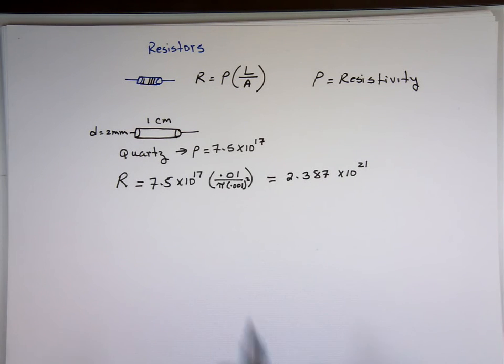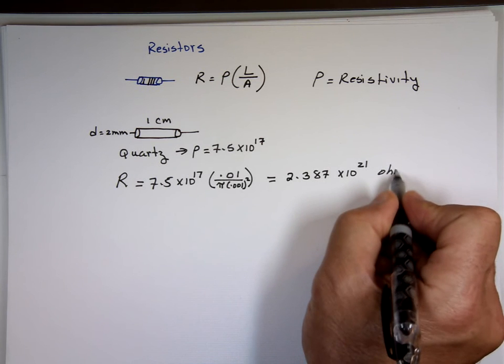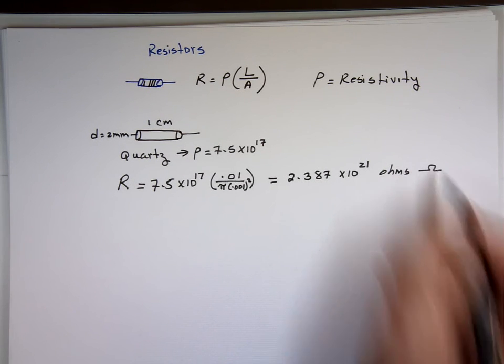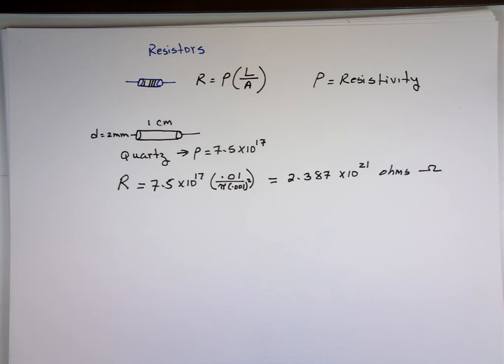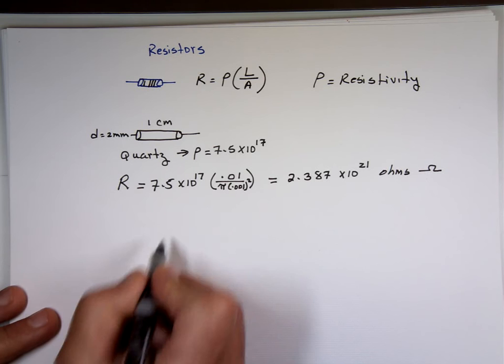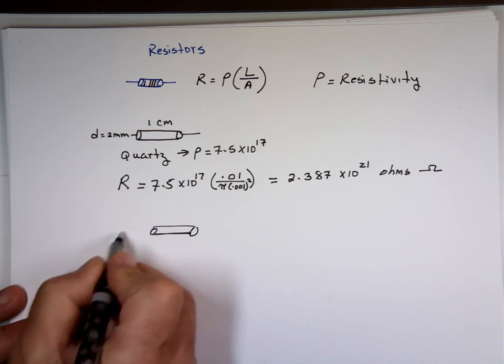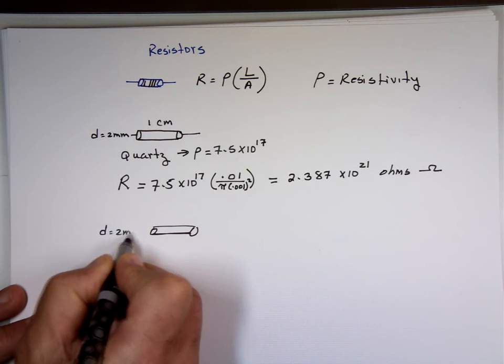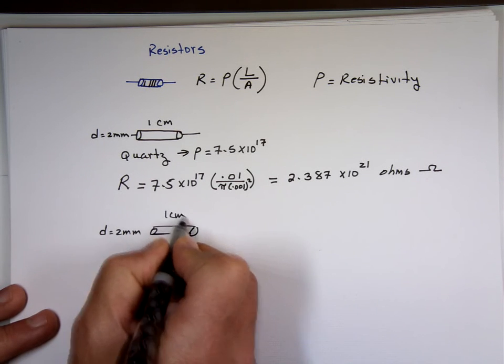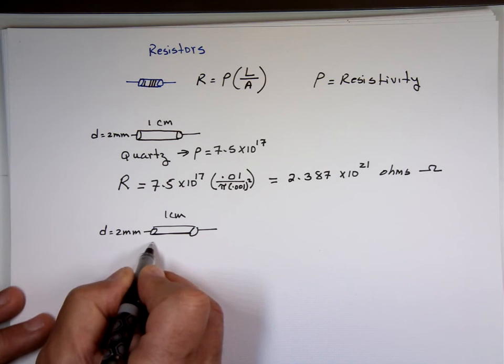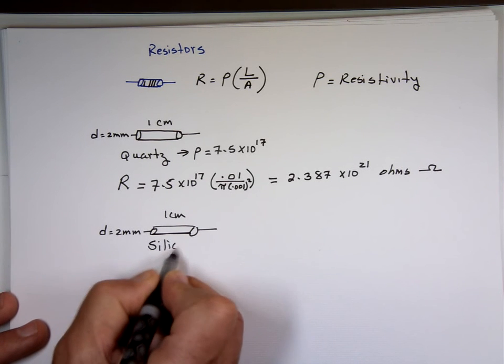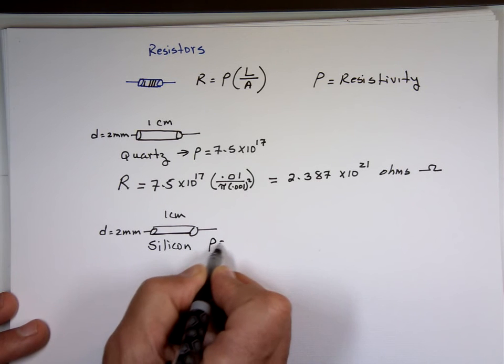We measure a resistor in ohms. We use this symbol for ohms. Now, let's assume the same resistor, the same dimensions now. But instead of quartz, I use silicon. And I'm going to use for this rho equals 0.2.